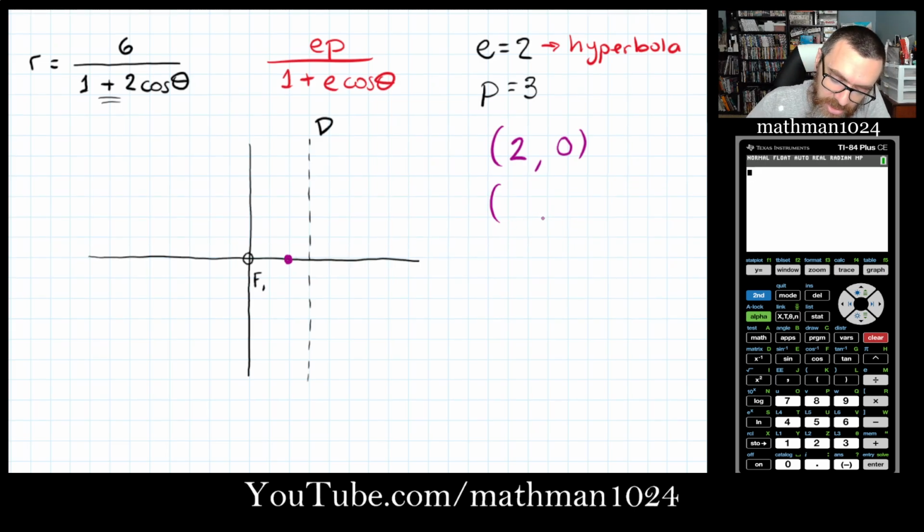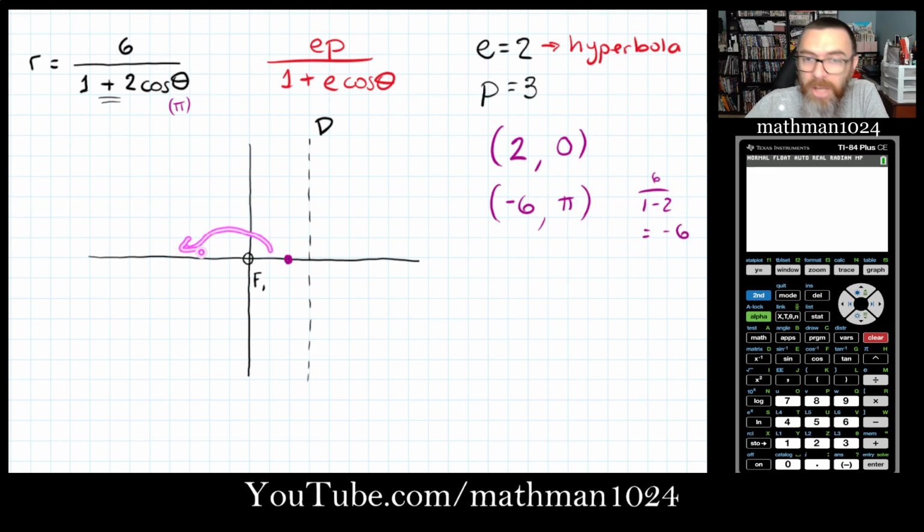And then I would check to see what happens when I'm at pi. If I plug in pi here, cosine gives me -1, so I would have 6 over 1 minus 2, and that gives me -6. Now keep in mind that for -6 at pi, that means you're facing over in this direction, but your radius is -6. That means you're going to be coming back to the left 6 units.